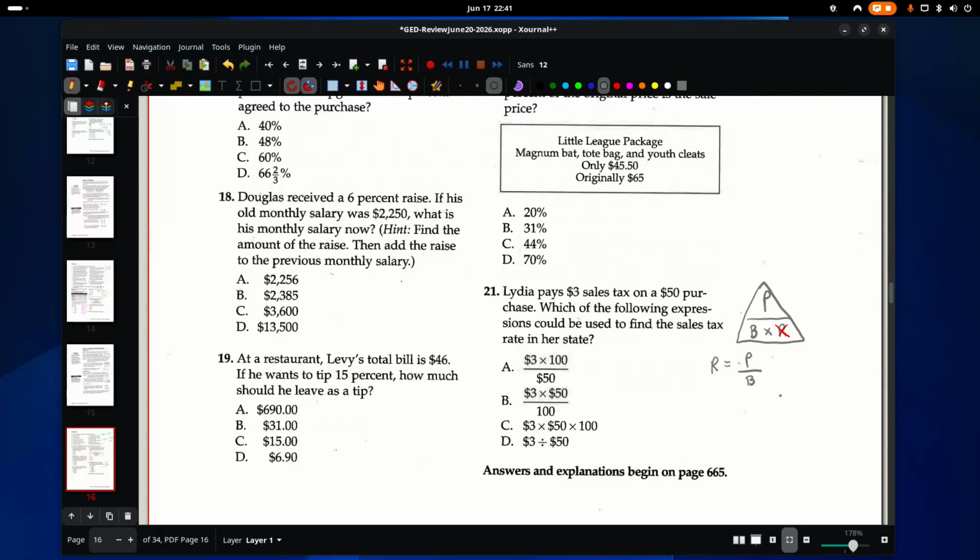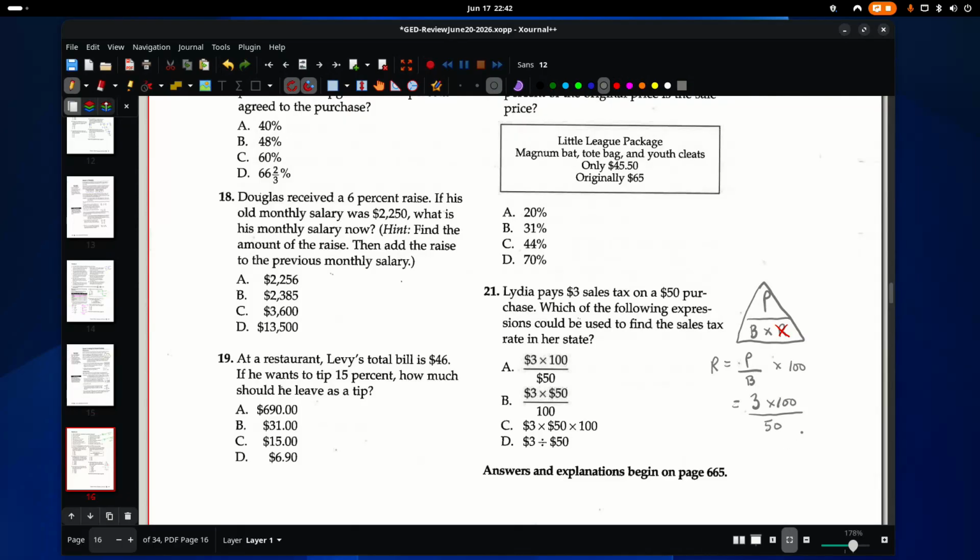So she pays $3, so the rate is equal to the part, which is the $3 that she's paid, over 50, and we multiply by 100 of course.